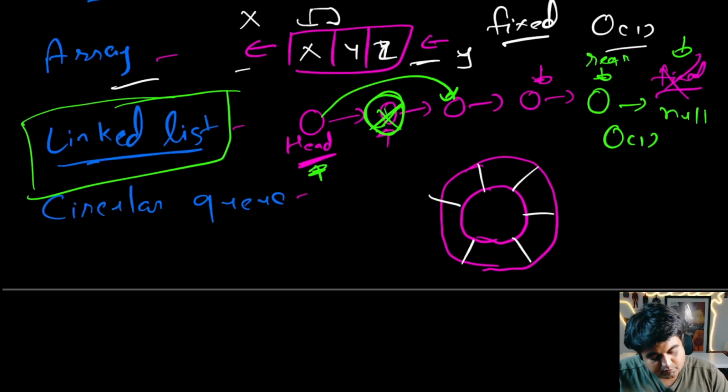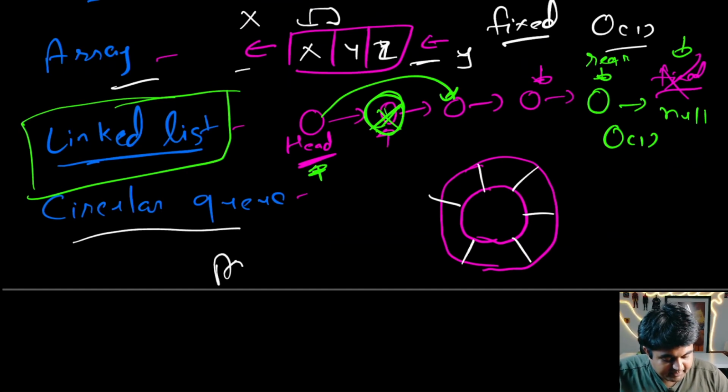Now there is also one more conceptual queue, that is the circular queue. Essentially it's an array based implementation, in which case we are going to have rear and front being close to each other, or next to each other, and then we can start filling stuff from the front, and we will keep on going until we reach the rear, and eventually the next element would be the front.